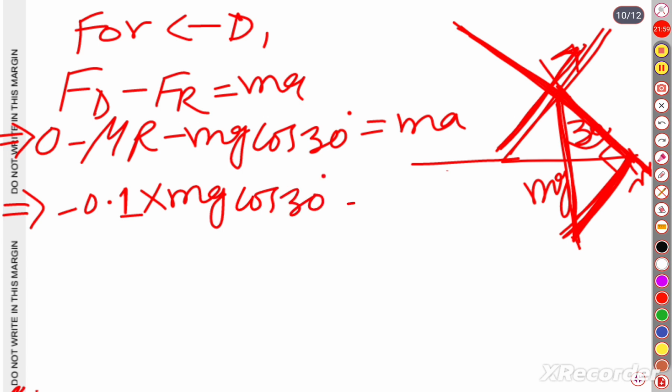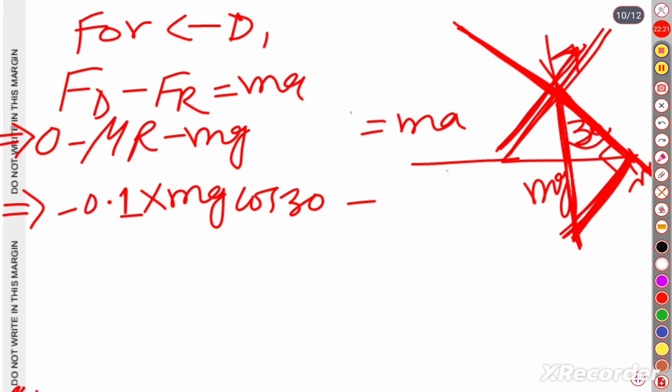Minus, this should not be cos 30 degree, it will actually be sin 30 degree, and I'm going to explain why. Actually we are trying to find this weight. This weight is acting downward, and the particle is moving up.